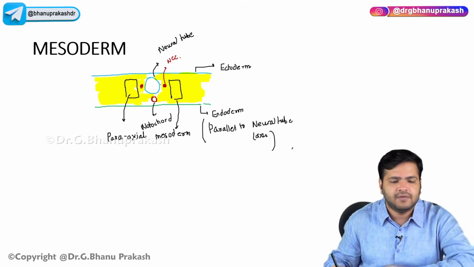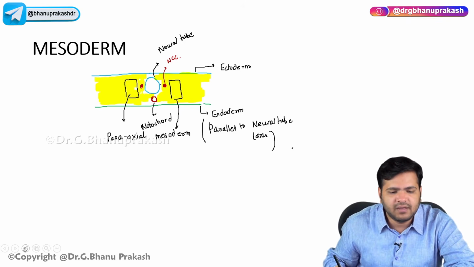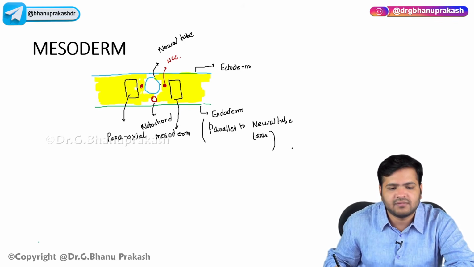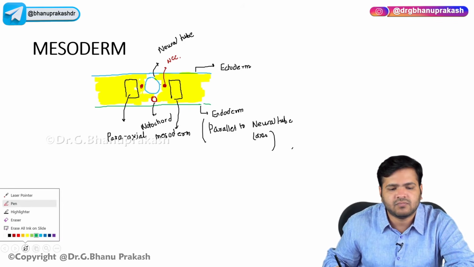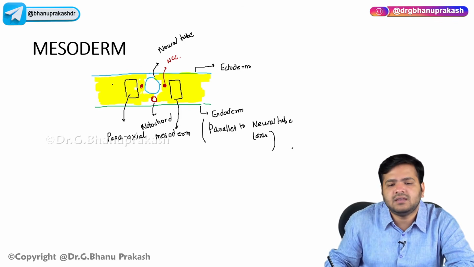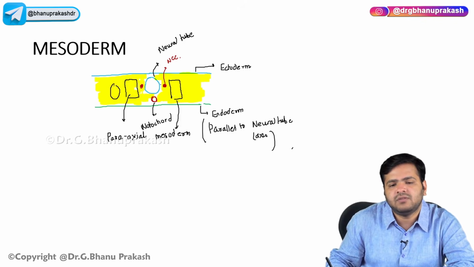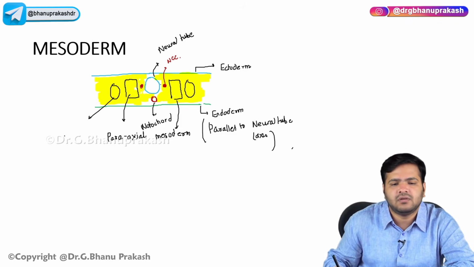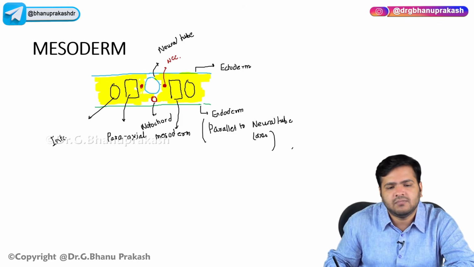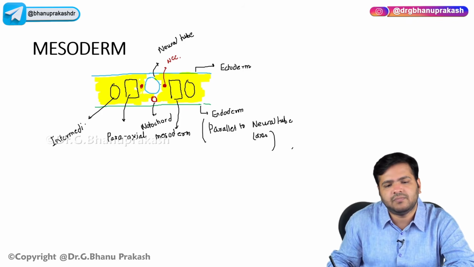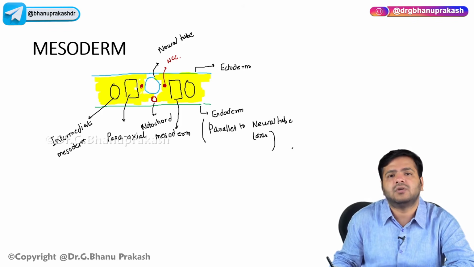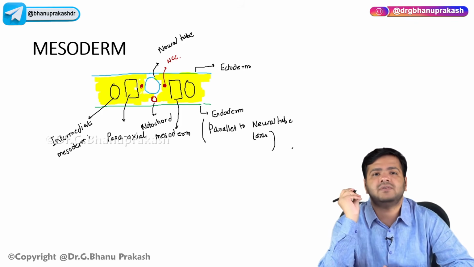Then we have another mesoderm which is developing, that is called the intermediate mesoderm.